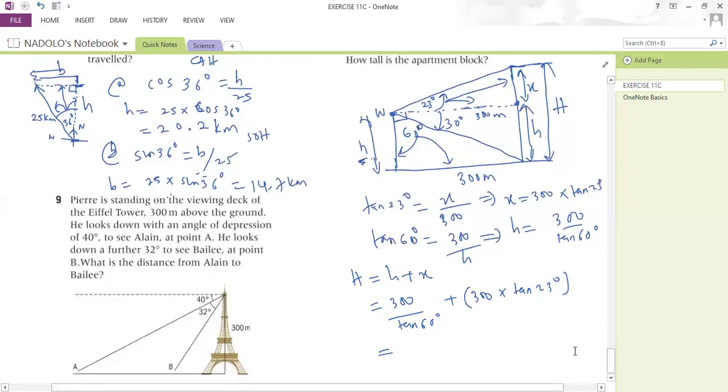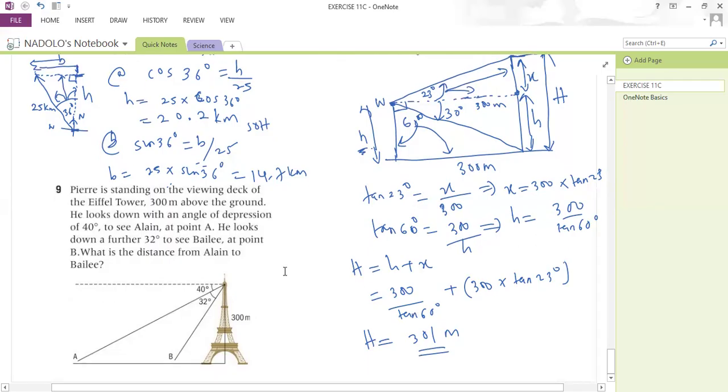So you can use your calculator, do that: 300 divided by tan 60 added to 300 times tan 23. So you get 300.547, to 3 significant figures is 301 meters. So that is how tall the apartment block is.